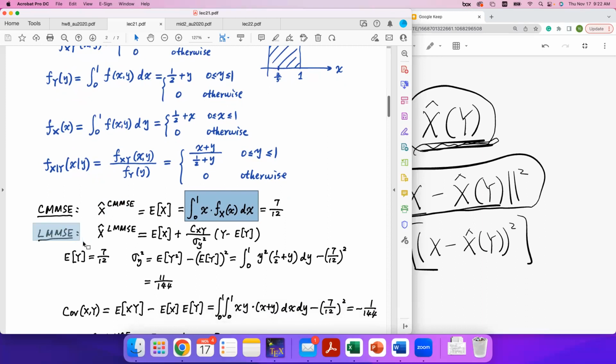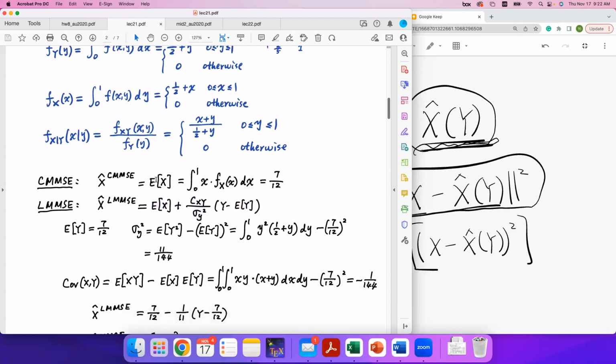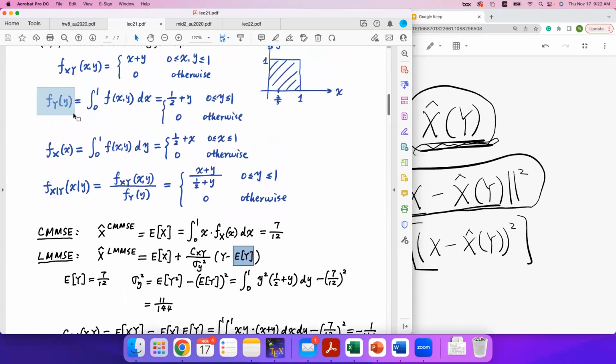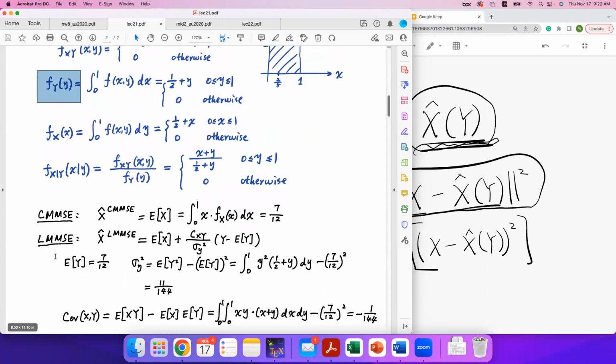Now let's look at the linear estimator. The linear MMSE estimator takes this form. We need the mean of X, which has already been done in this part. For the mean of Y, we have the marginalized PDF here, so we can calculate it following the same approach and get this number. Then the variance of Y, which is on the denominator.